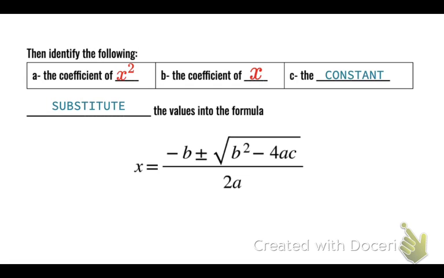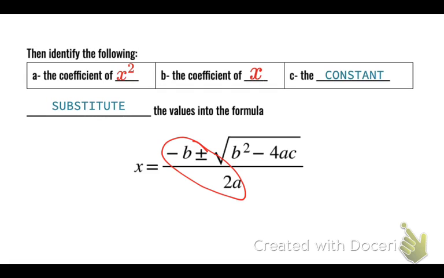So the formula is x is equal to the opposite of b, so be careful, it's not negative, it's the opposite sign, plus or minus, so we have two solutions, the square root of b squared minus 4ac, all of that divided by 2a. And remember, the opposite of b over 2a is your formula for the axis of symmetry for a quadratic, so that's where this relates to the quadratic graph.